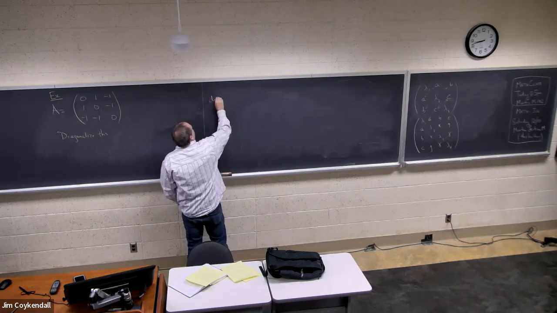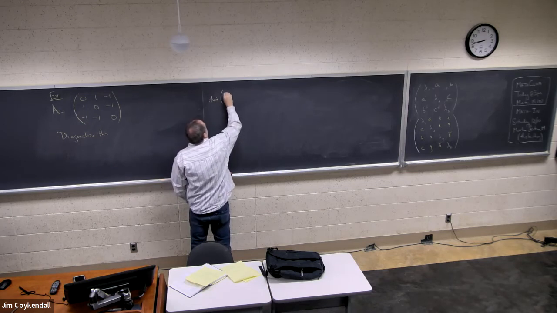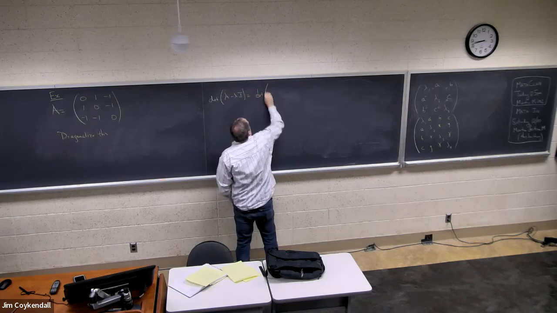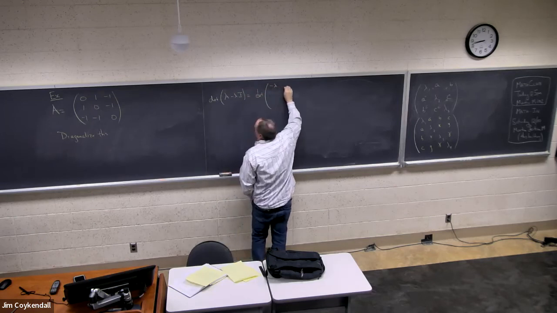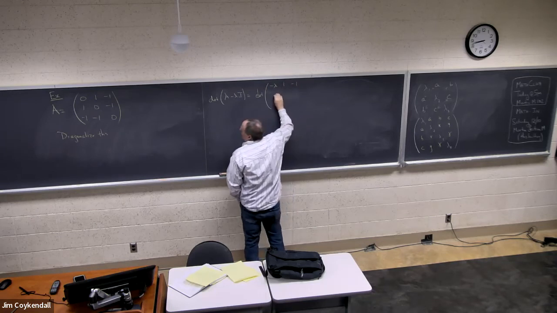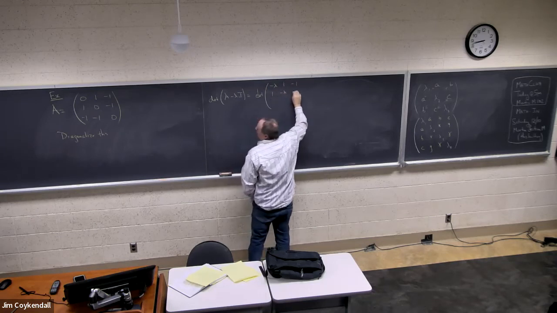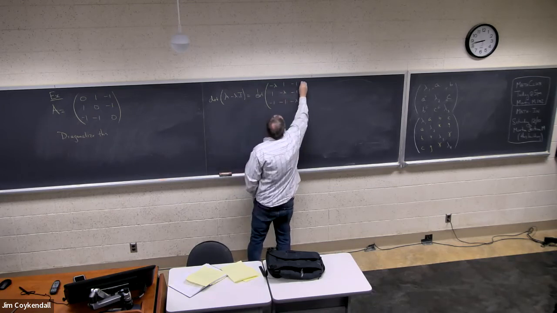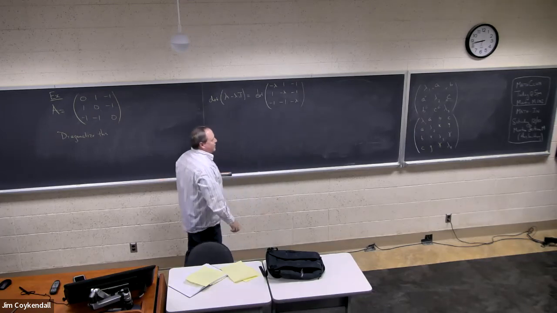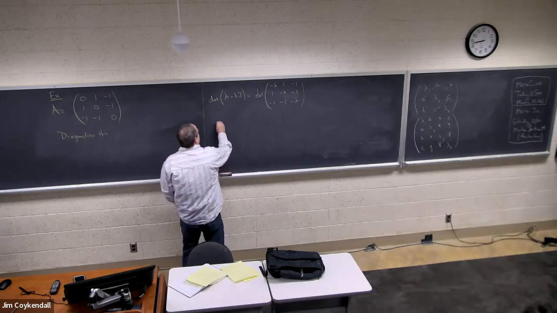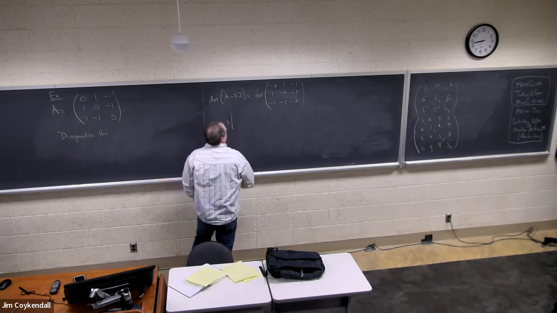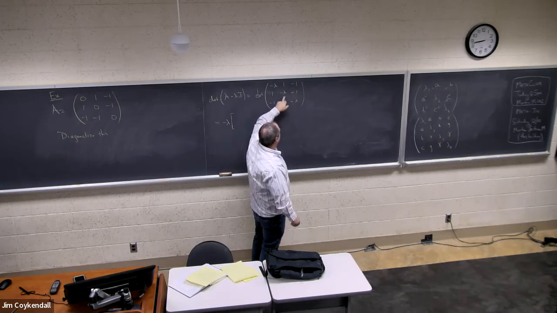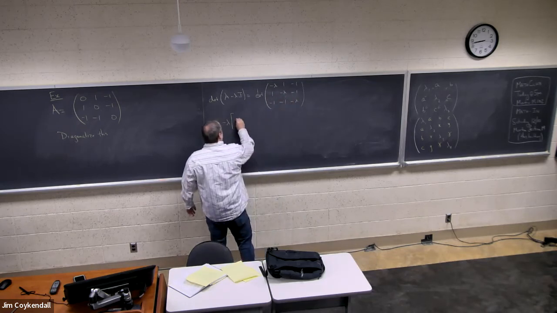So this is first the determinant of A minus lambda I, which is the determinant of minus lambda, 1, minus 1, 1, 1 minus lambda, minus 1, minus 1, minus 1, minus lambda. And this turns out to be, let's see, minus lambda times the piece here in the lower right, that's lambda squared minus 1.